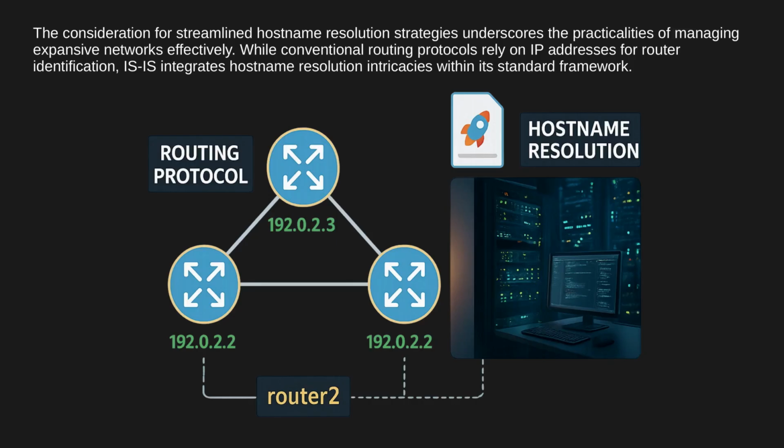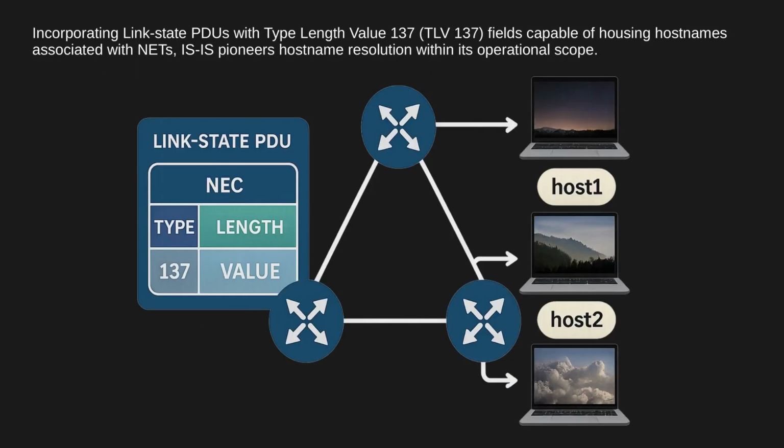While conventional routing protocols rely on IP addresses for router identification, ISIS integrates hostname resolution within its standard framework. Incorporating link state PDUs with type length value, TLV 137 fields, capable of housing host names associated with NETs, ISIS pioneers hostname resolution within its operational scope.